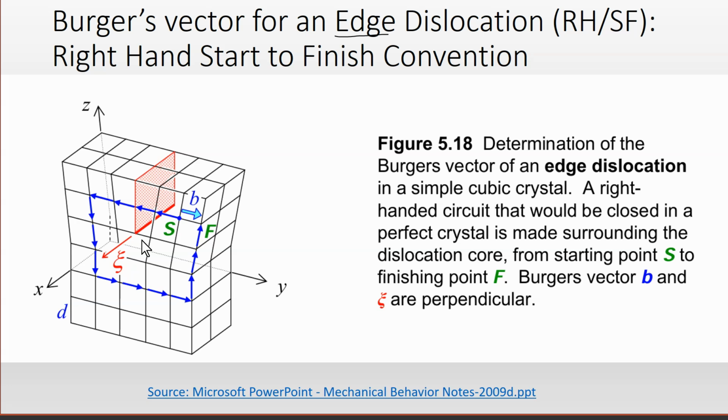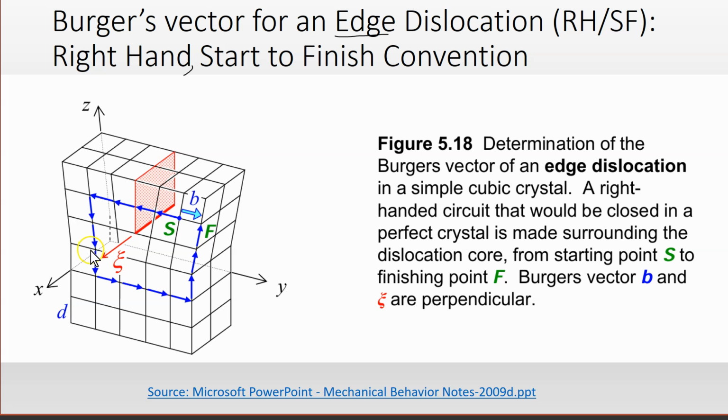There's different conventions, and we're going to use the right hand start to finish convention, sometimes referred to as RHSF. So to do that, having established the direction of our line dislocation, I'm using my right hand to denote a counterclockwise path in the crystal around the dislocation.